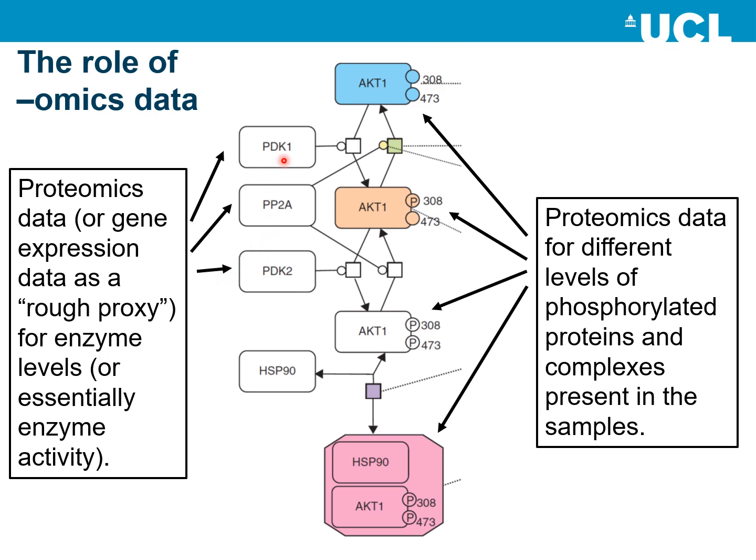So we would get enzyme levels for these different enzymes, and then proteomics data for different levels of the phosphorylated AKT1, and potentially also the complexes that may be existing.